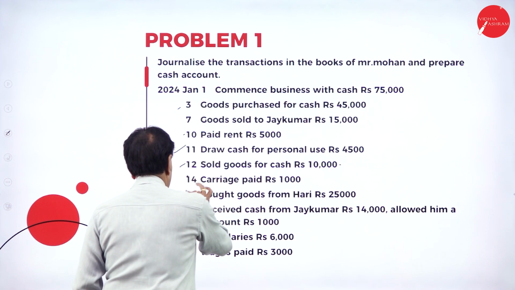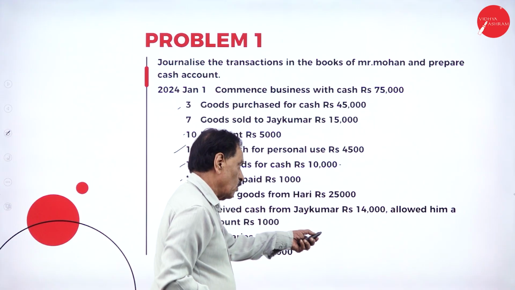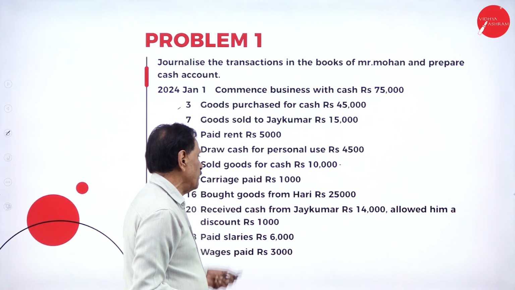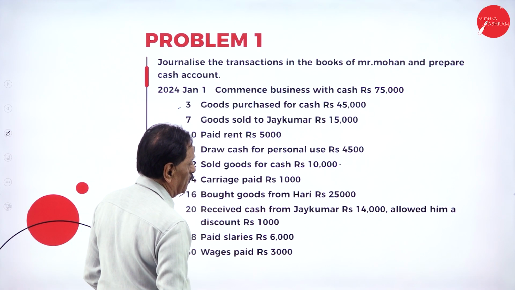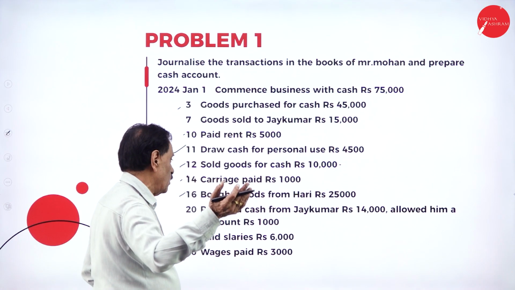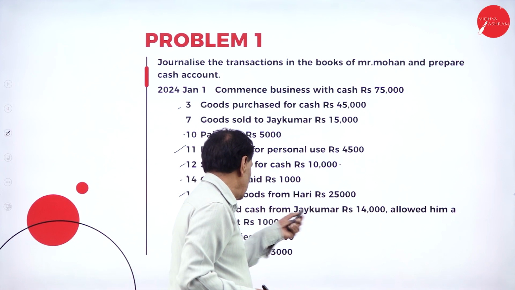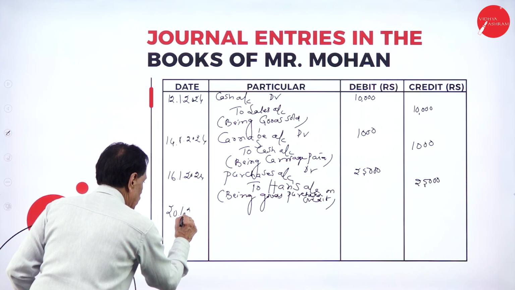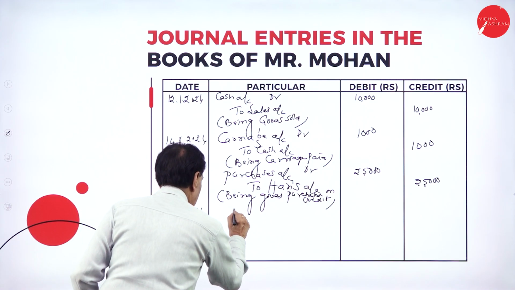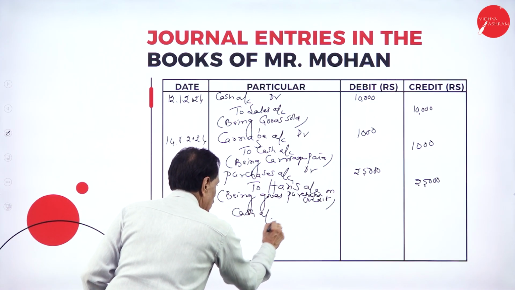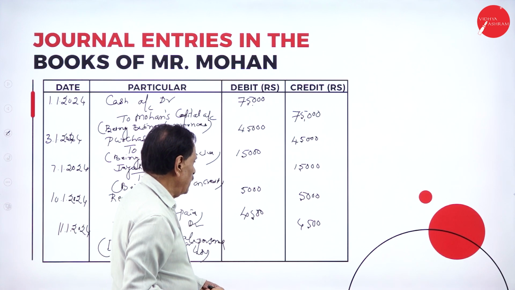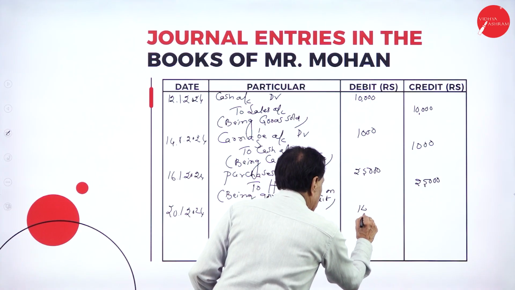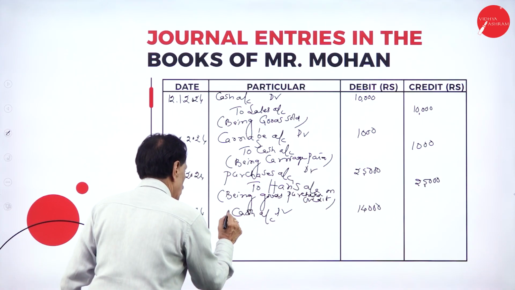The 16th is over. Received cash from J Kumar, 14,000, and allowed him a discount of 1,000. So 14 plus 1, 15,000. From whom did you receive? J Kumar. Debit what comes in, credit what goes out. How much cash is coming in? 14,000, discount 1,000. On the 21st, cash account debtor. How much did you receive? 14,000. Discount account debtor.